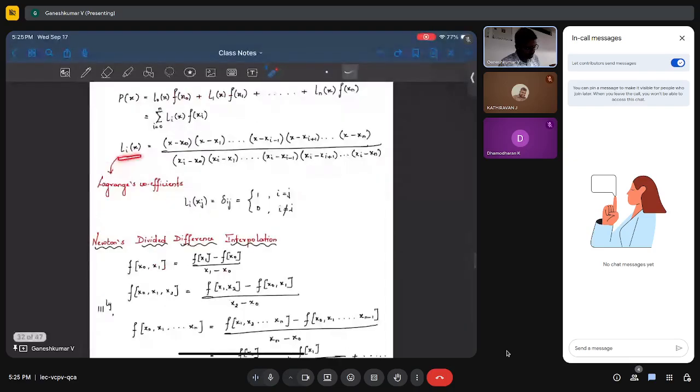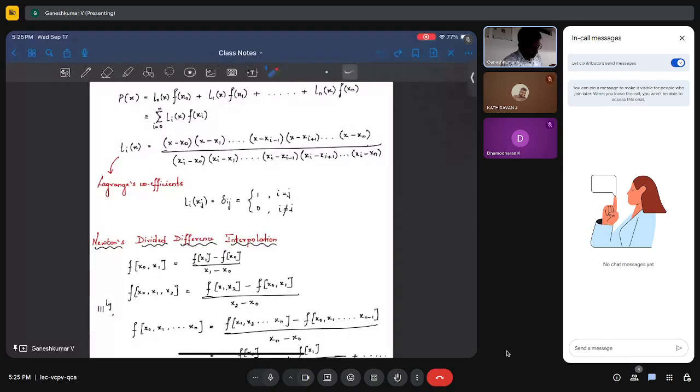This Lagrange coefficient is just the differences in x values. You already know f of x0, f of x1, and x0, x1 are given. Based on this you can construct the Lagrange polynomial, and using this polynomial you can evaluate any value in between.